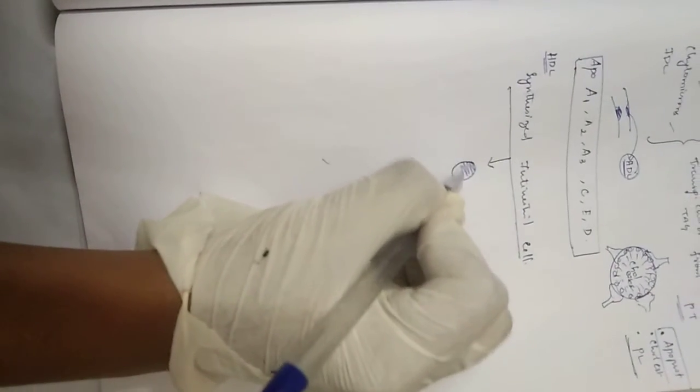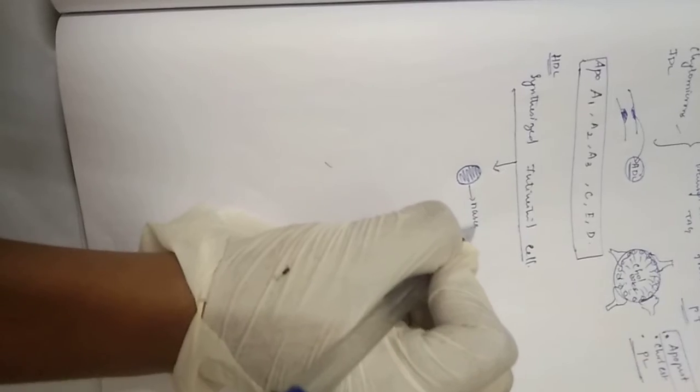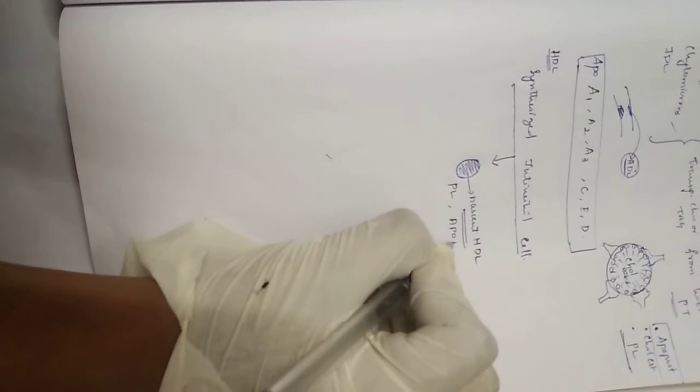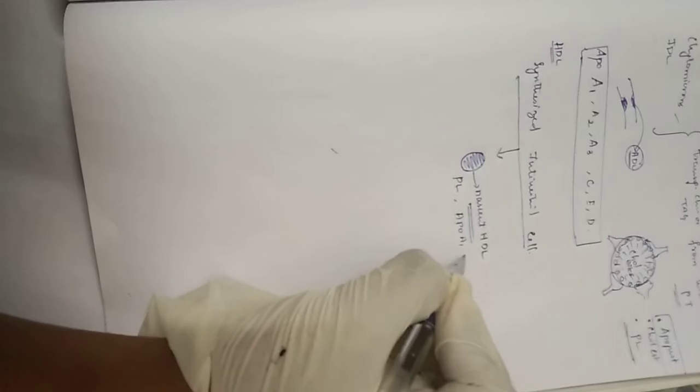Let me assume that this is the nascent HDL. Now this nascent HDL contains phospholipids, ApoA1 and all other apoproteins, but mainly we are talking about ApoA1, and cholesterol esters, but not too many cholesterol esters.